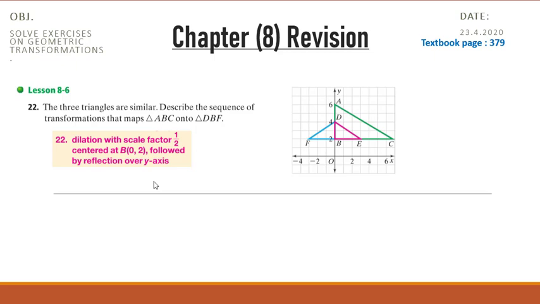And when you say dilation, you need to say two things: the center of dilation and the factor of dilation. And for rotation, we need two things: the center of rotation and the angle of rotation. So don't say just dilation or just rotation. You should give the full answer.